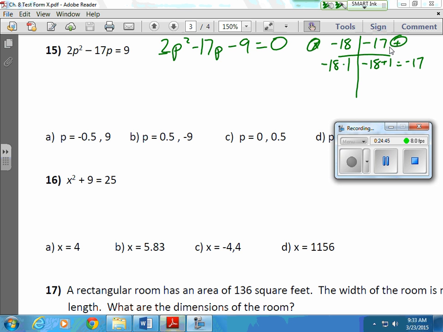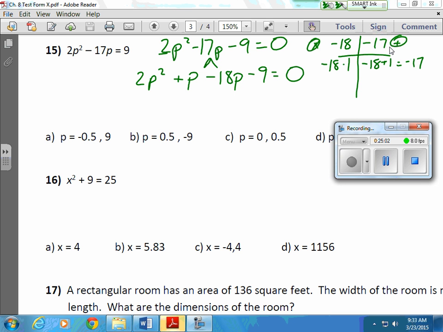So that's what I'm going to break up the middle into. I'm going to say this is 2p squared, plus p, minus 18p, minus 9 equals 0.